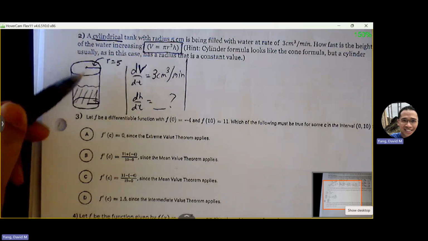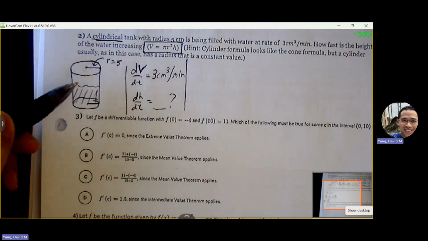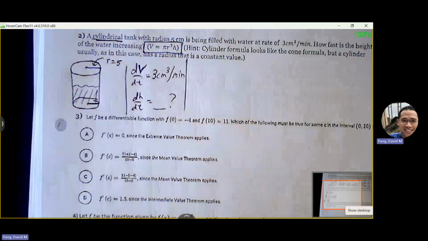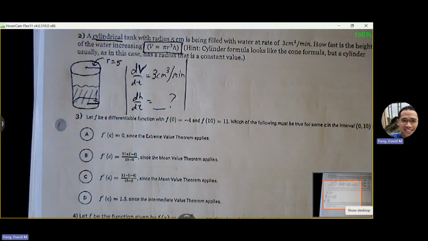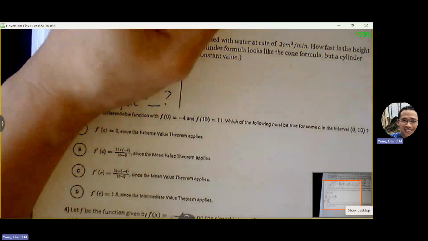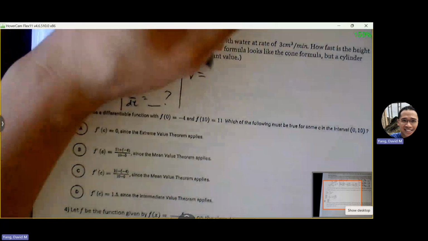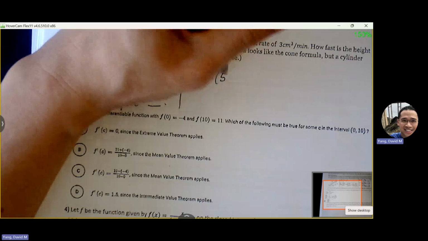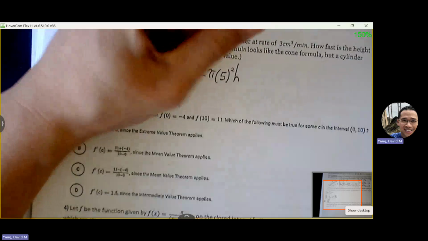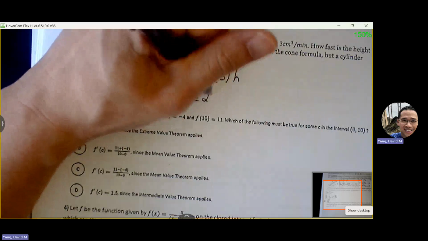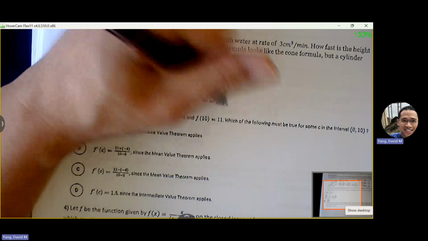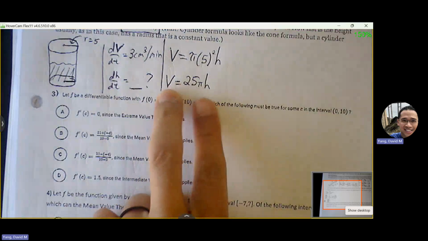At the end, the radius is still 5. That's not the case with cones. That's why cones are more complicated, because we have to manage those two changing variables. But here, replace the radius with 5, and we have a much easier volume equation to differentiate because we're down to 2 variables, V and h.